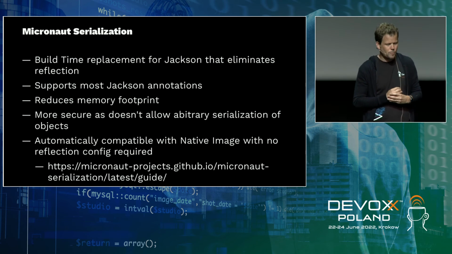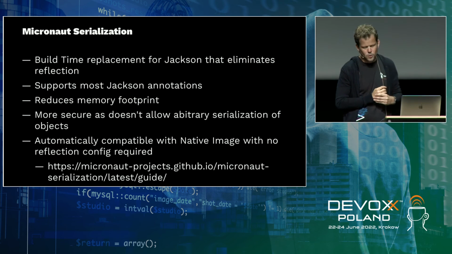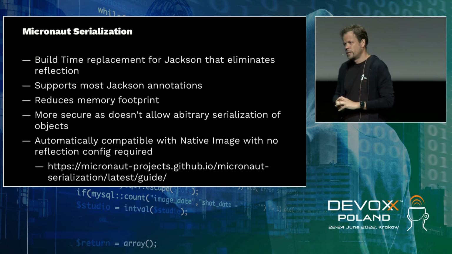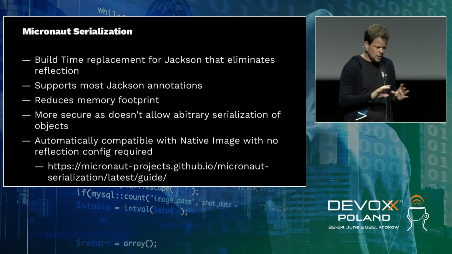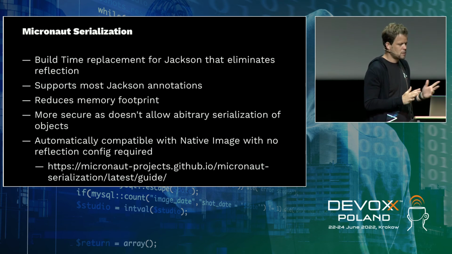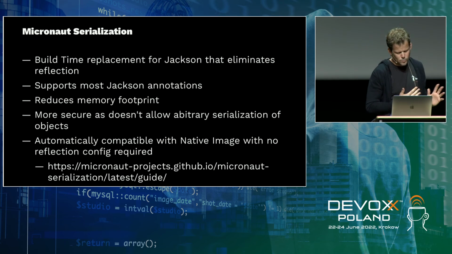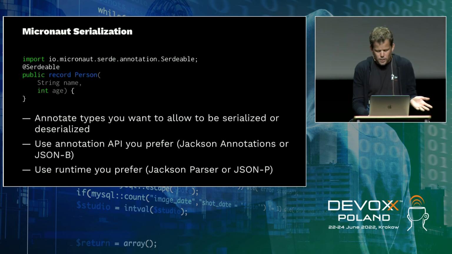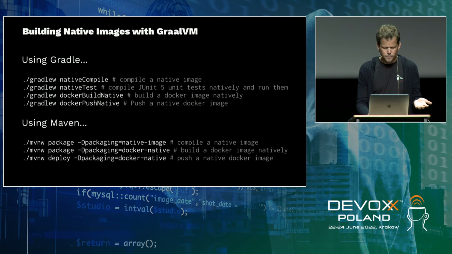And it's automatically compatible with native image. We did a lot of work to make Jackson as compatible with native image as possible. Generally, it's seamless, but there are still edge cases of certain annotations where you may need reflection configuration. It's pretty simple. Like I said, you just annotate the types you want serialized, and then you choose a runtime, either the Jackson parser or JSON-P.